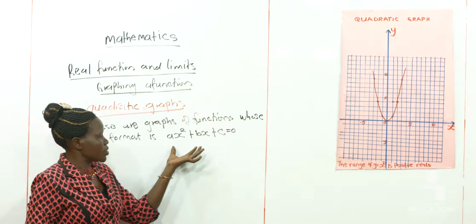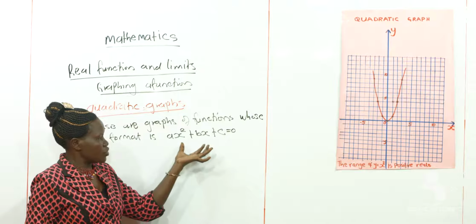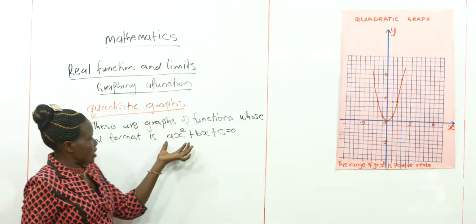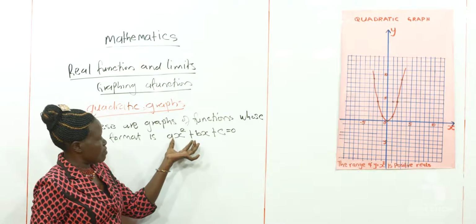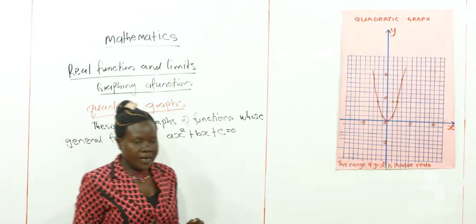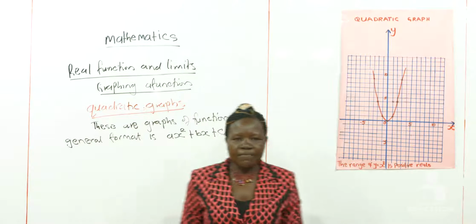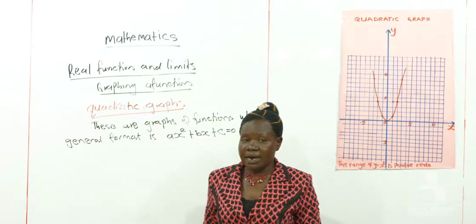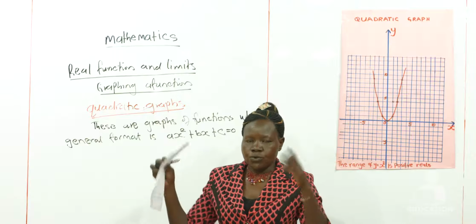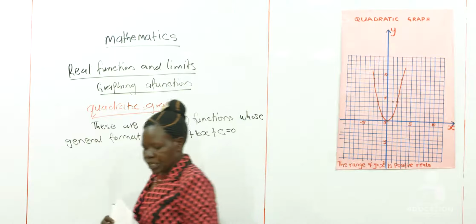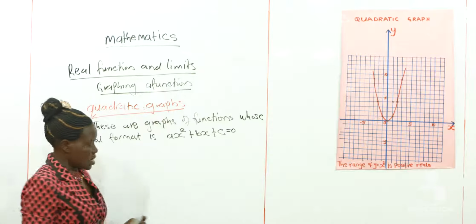This is what we call the quadratic equations or the quadratic graph. If we are asked to draw a graph of a quadratic function, your graph will appear as a parabola. They look like a U, or they may look like an N. So then you know that these are quadratic graphs.